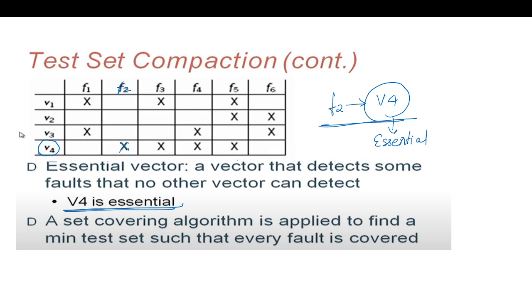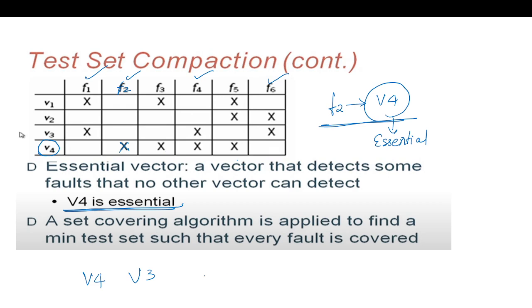So a set covering algorithm is applied to find a minimum test set such that every fault is covered. So we said V4 is required. Now if we consider V3, this will be detected, this will be detected, and this will be detected.